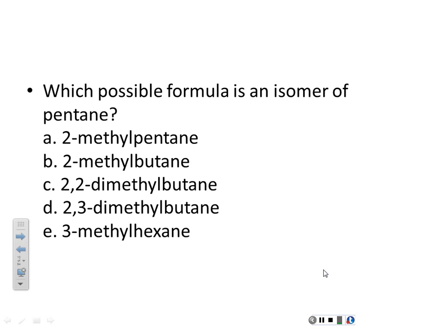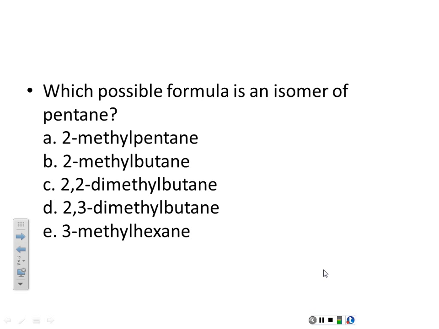So what have they given? Pentane. What's the formula for pentane? C5H12. Isomer means same molecular formula but different structure. So which one has the same molecular formula? This one, correct? You can see the structure is different. There are 5 carbons here in a straight chain.